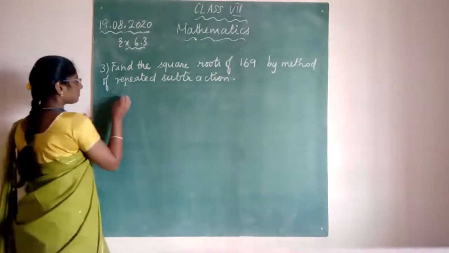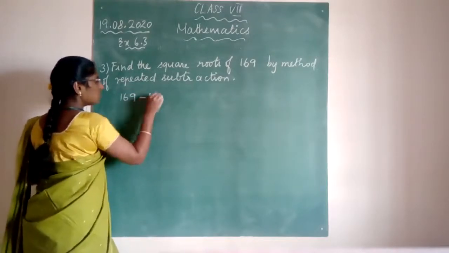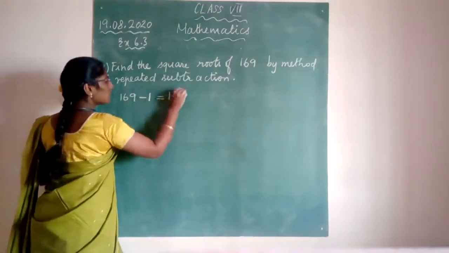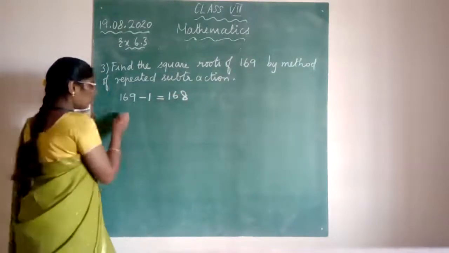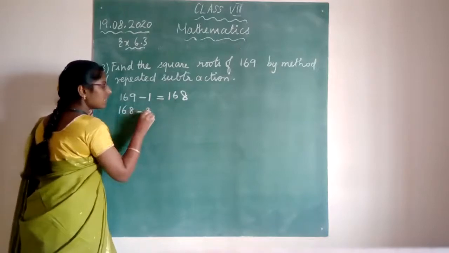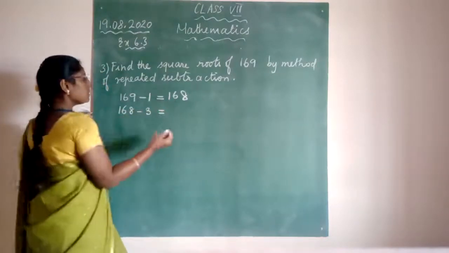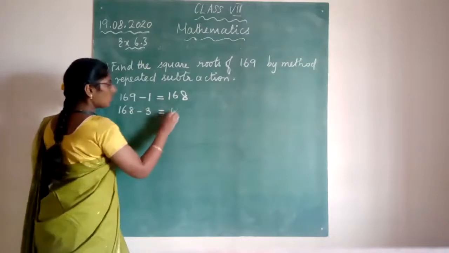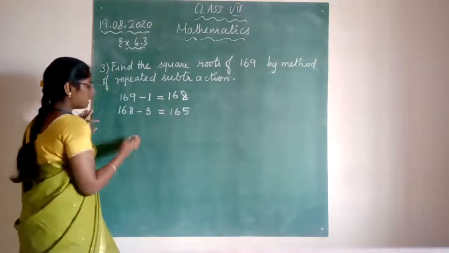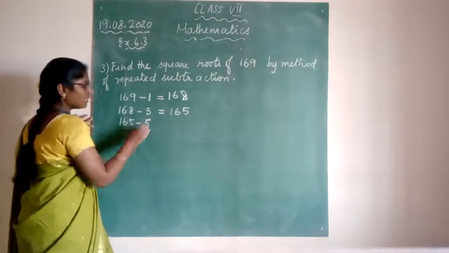Look here, I can write 169 minus 1 is equal to 168. Now this result 168 minus 3. You have to subtract odd numbers. So this is 165. Then 165 minus 5. Clear?